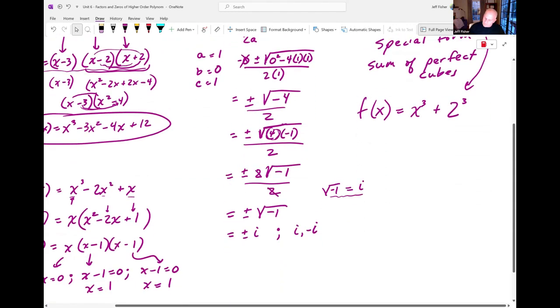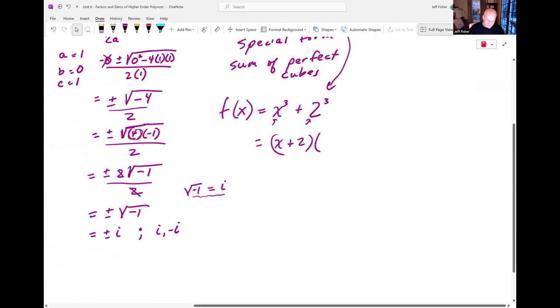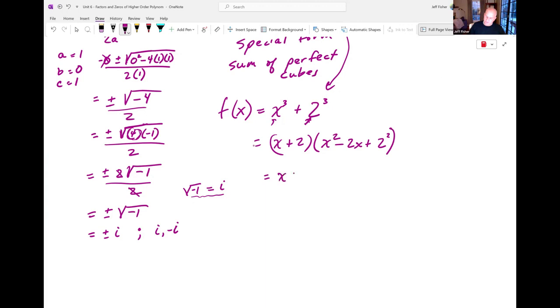And so when we factor this, we get x plus 2 times the quantity x squared minus 2x plus 2 squared. Okay, so this is going to be x plus 2 times x squared minus 2x plus 4. That's how we factor that.